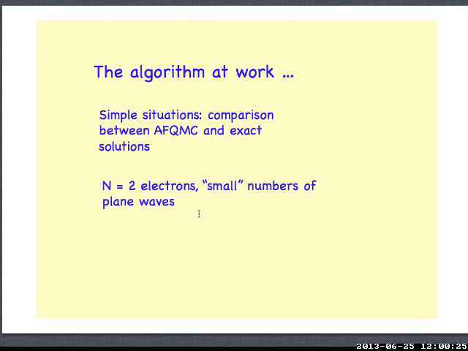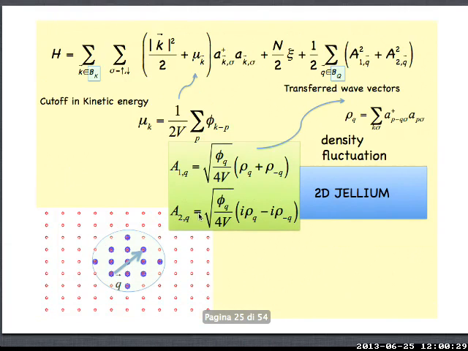And then we take the same Hamiltonian I wrote before, for very few electrons, namely 2 electrons, and we fix the cutoff in kinetic energy. If we consider 2 electrons and not so many basis states, this Hamiltonian can be solved exactly via numerical diagonalization.